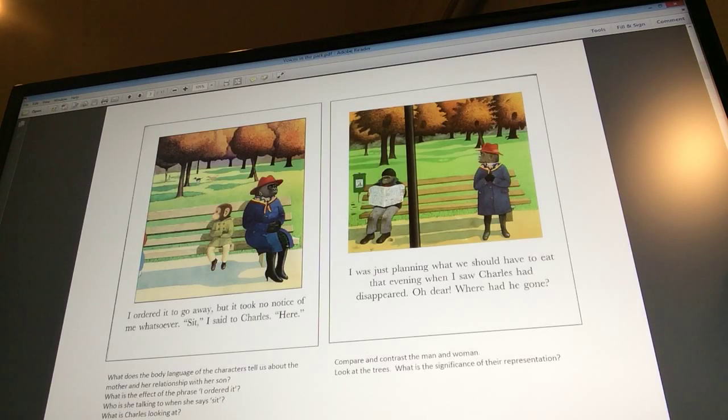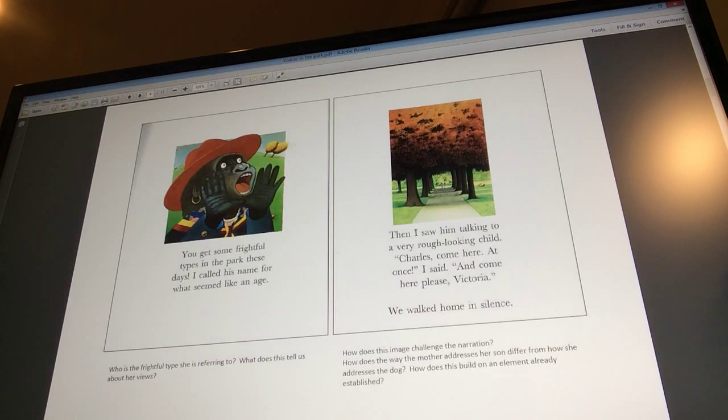I was just planning what we should have to eat that evening when I saw Charles had disappeared. Oh dear, where had he gone? You get some frightful types in the park these days. I called his name for what seemed like an age. Then I saw him talking to a very rough-looking child. Charles, come here, at once, I said. And come here, please, Victoria. We walked home in silence.